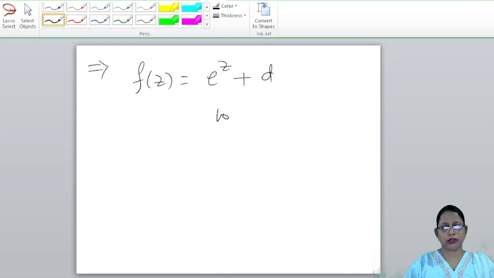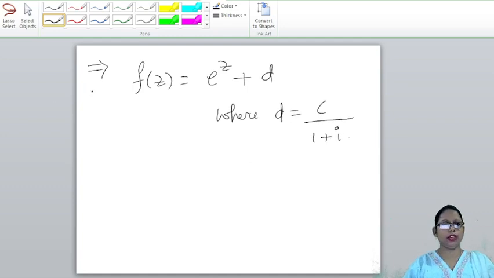Okay, this is the analytic function in terms of z.